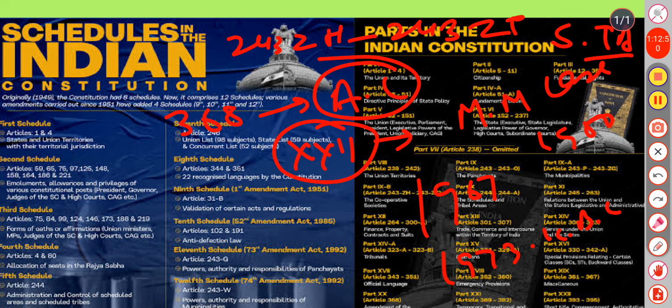Now the Indian Constitution, unlike other federal constitutions, provides a single unified judiciary with Supreme Court at the apex, High Court in the middle, and the subordinate court at the bottom.